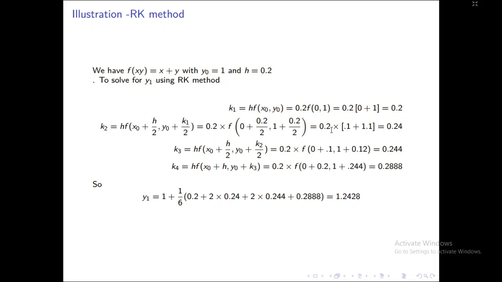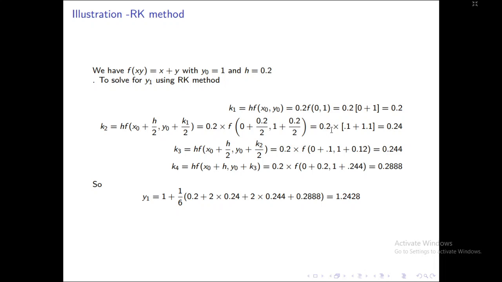That is 0.24. And k3 is h into f of x naught plus h by 2. As in the previous case, the value is 0.1. And y naught plus k2 divided by 2. K2 is 0.24, divided by 2 is 0.12. So 1 plus 0.12 is 1.12, and the x ordinate is x naught plus h by 2, that is 0.1.